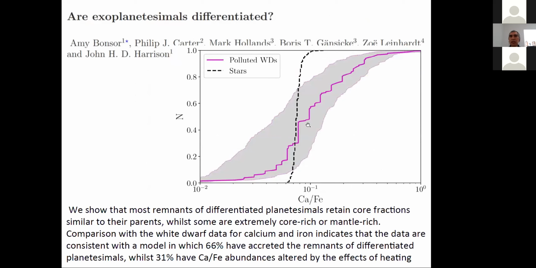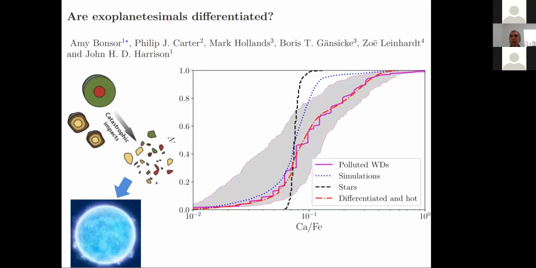There is a very recent analysis of many of these white dwarfs to see if they can find signatures of differentiated planetesimals. And indeed, they can reproduce this contamination in the white dwarf, but when assuming that the planetesimals that are accreted by the white dwarf are differentiated.